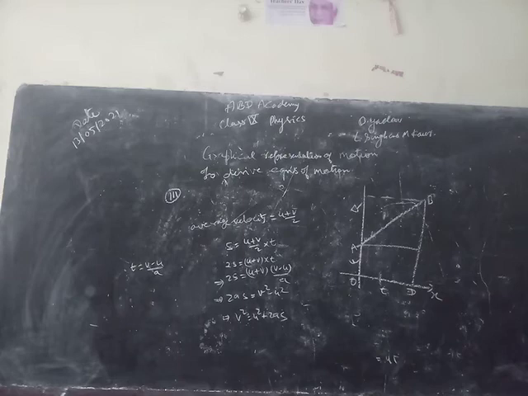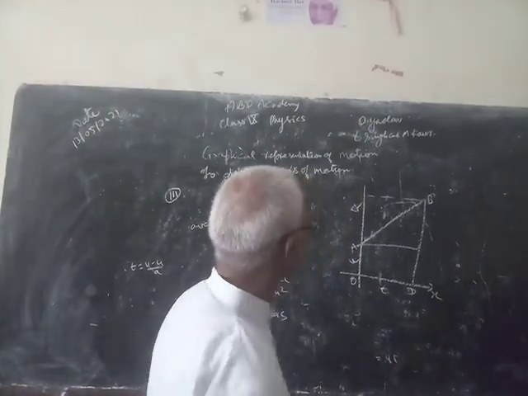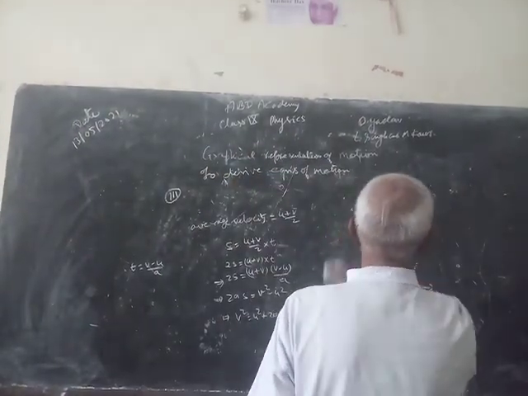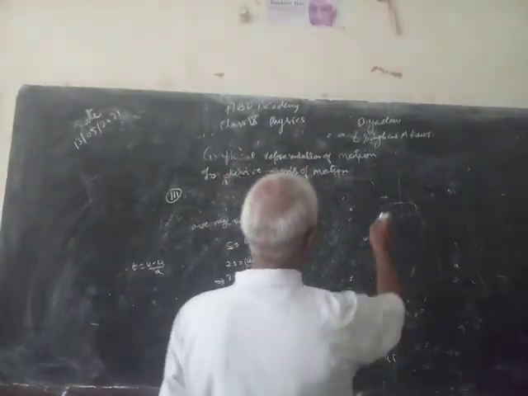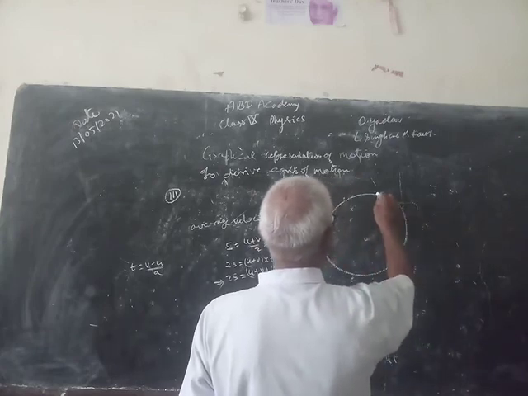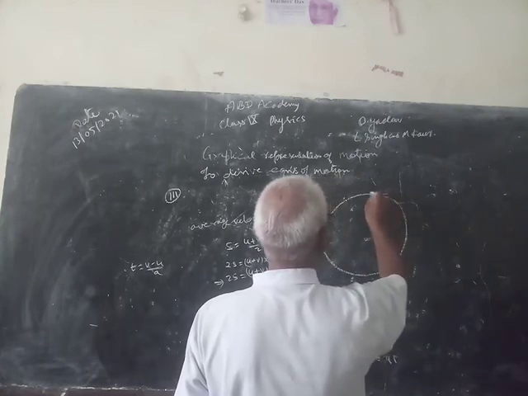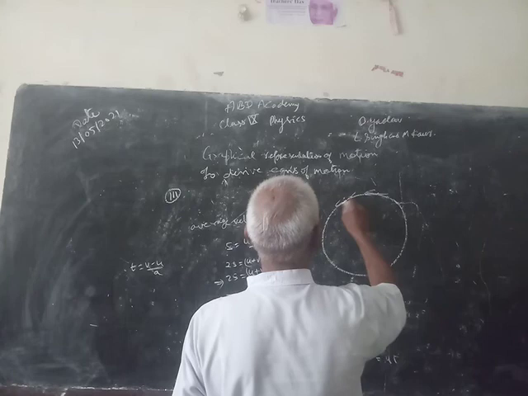But in uniform circular motion, whenever a body moves uniformly around a circle, it is always an accelerated motion, because here the direction of motion is this, at this point the direction of motion is this.